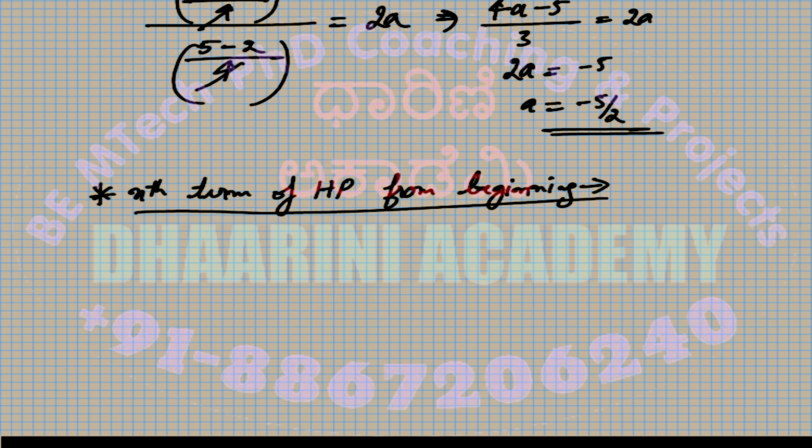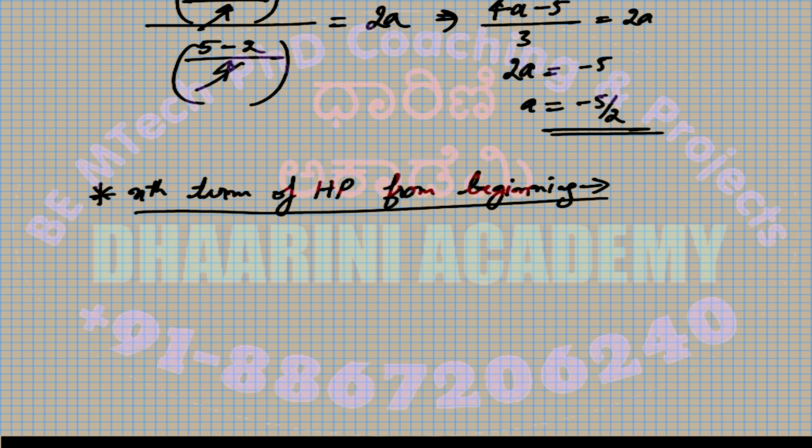Okay, so we know that it should be the inverse of the nth term from the beginning of the AP. So therefore, I can simply write Tn as 1 divided by A plus (n minus 1) into D, for all the values of n belonging to the natural numbers N.